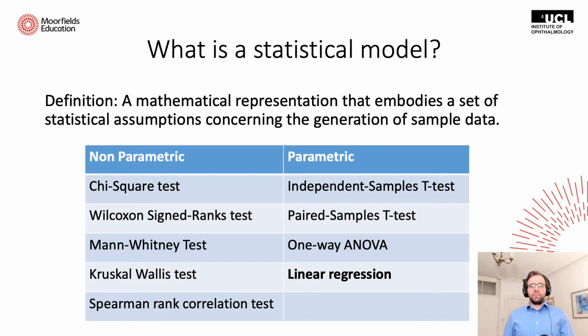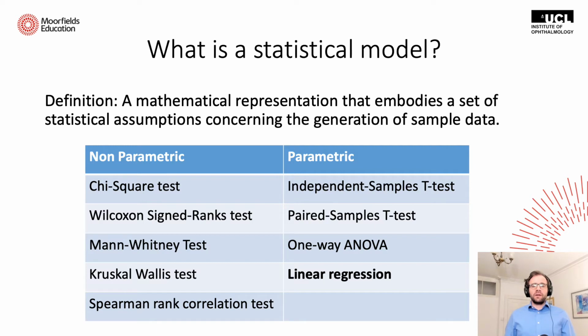On the other hand, non-parametric models tend to not have an explicit model underlying them, or they don't use a standard distribution, a normal distribution. This is just one definition of parametric versus non-parametric. Other people may use slightly different terminology, but that's the general idea.